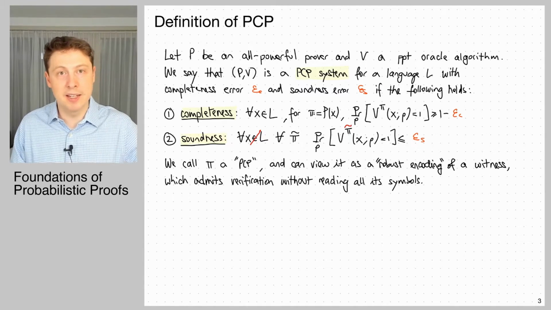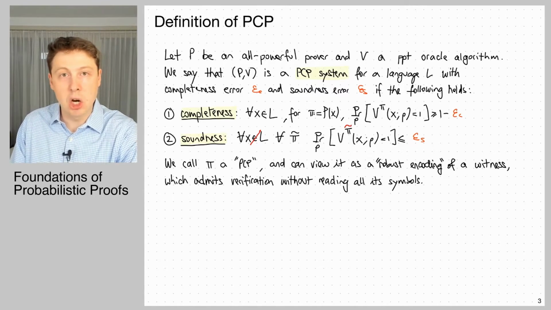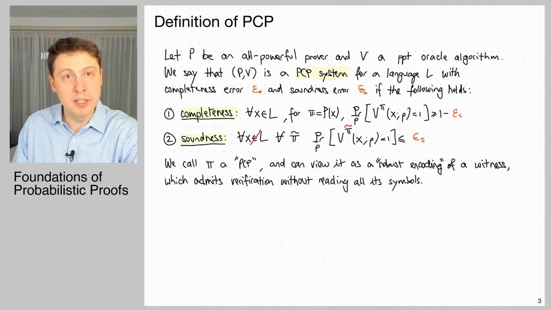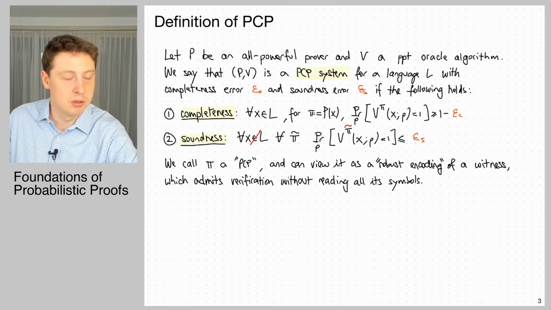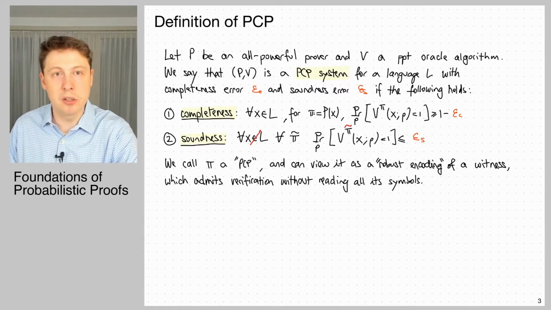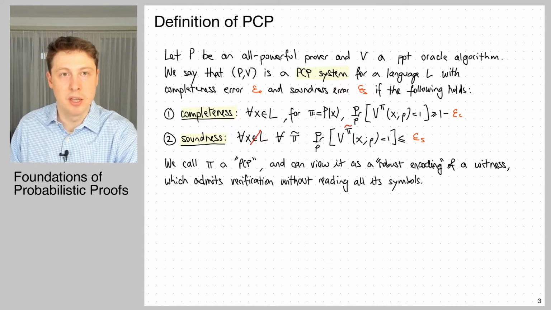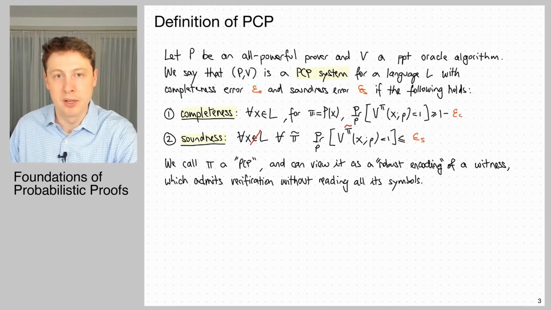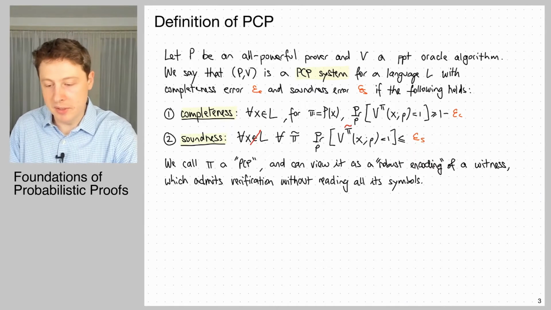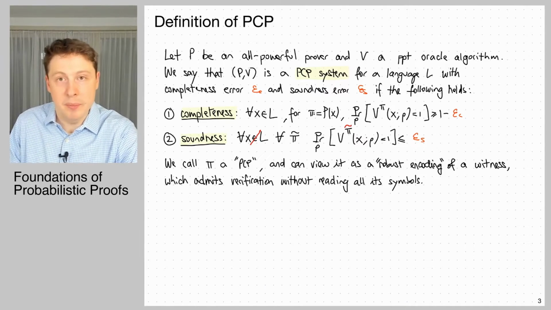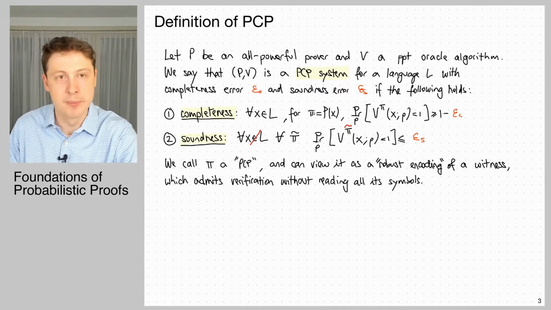If you think of a classical NP witness, for example, a coloring for a graph that allegedly is a 3-coloring of the graph, you really need to systematically go through each of the assignments for each of the vertices, because if you don't read part of the coloring, it could be that that part was the one violating the 3-colorability condition, and you're not going to have good confidence. So classical NP witnesses, as is, are pretty fragile. You need to read all of the entries to have some decent confidence. But we'll see how to do a robust encoding of them.